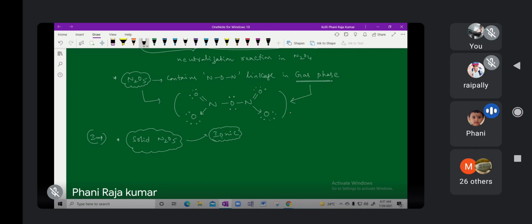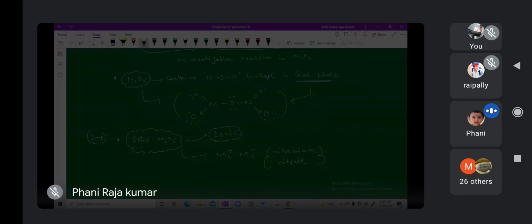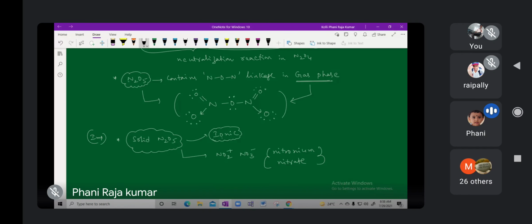In solid state, it shows some ionic character and exists as NO2+ NO3 minus, called nitronium nitrate. Nitronium nitrate is one more name for the solid form of N2O5. So N2O5 ionizes as NO2+ and NO3 minus.